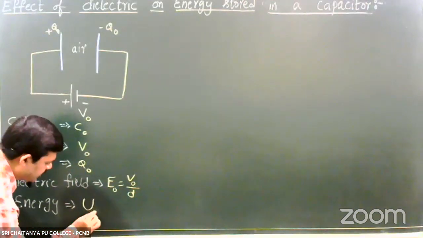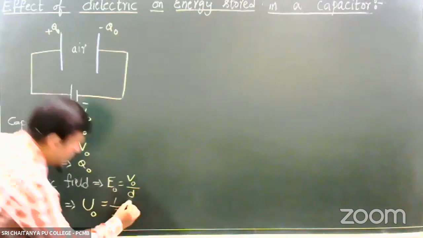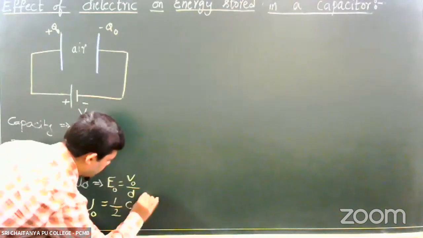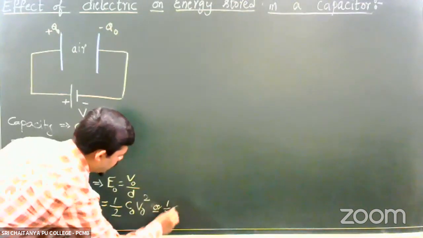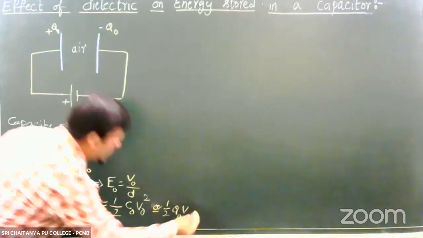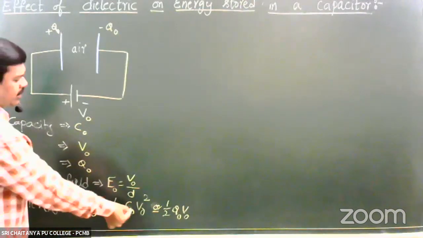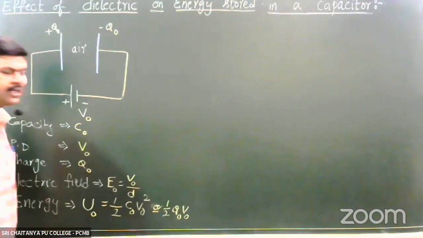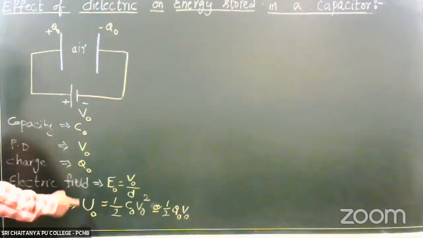I am taking that energy as U0, half C0 V0 square, or half Q0 V0. There are three formulas with different combinations. You can write half C0 V0 square, half Q0 V0, or Q0 square by 2 C0. So this is the energy. These factors we know.